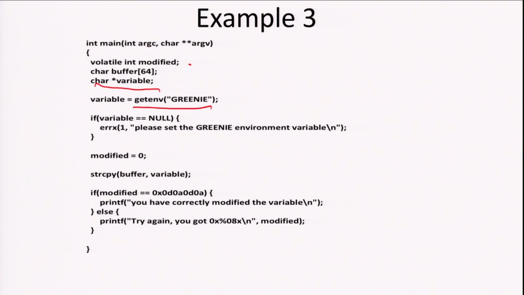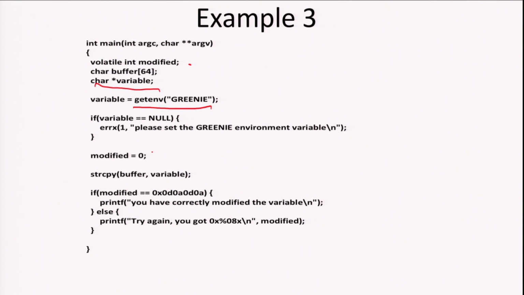This environment variable called greeny, which is not a standard environment variable, we will create one, and then this getenv function will give a pointer to whatever string is associated with the variable greeny. Then we check whether the variable is null, which means there is no greeny environment variable in the environment, in which case this variable will come out as null after the getenv function call.